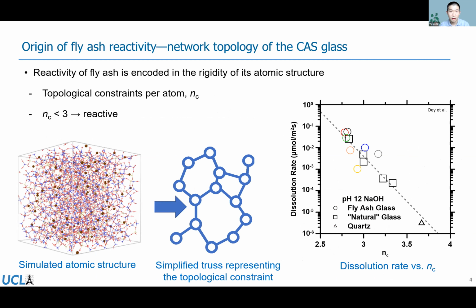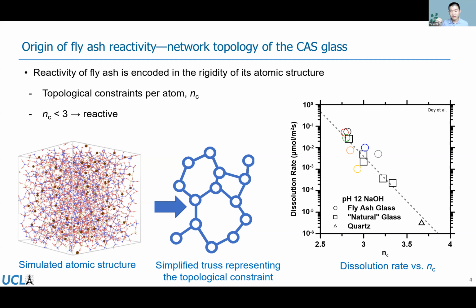So I would like to take a moment and review the origin of the fly ash reactivity, which is the network topology of the calcium aluminosilicate glass. And this can be broadly applied to other types of SCMs. Over the past 10 years, what researchers discovered is that the reactivity of fly ash is encoded in the atomic structure of fly ashes, and we can simplify this atomic structure into a truss system.